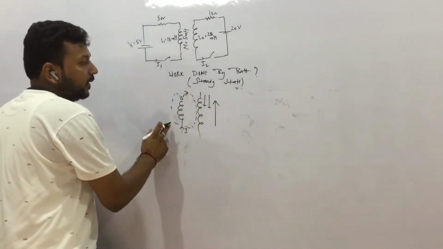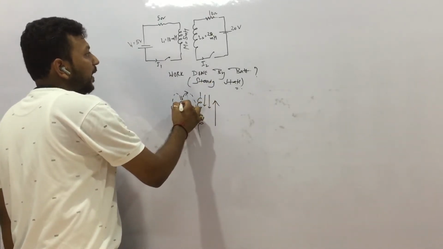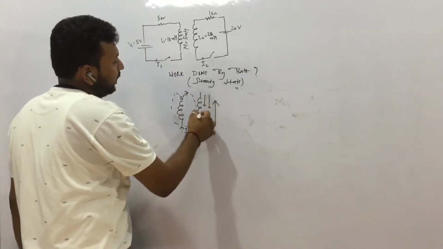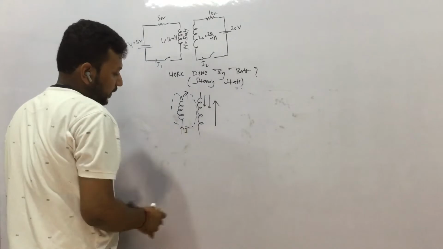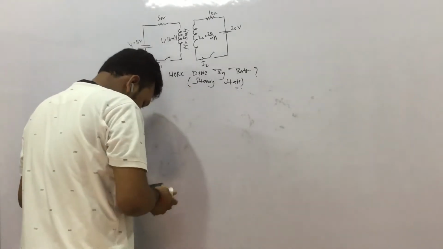Similarly, if you see for this, the current is going like this, and the magnetic field is like this.